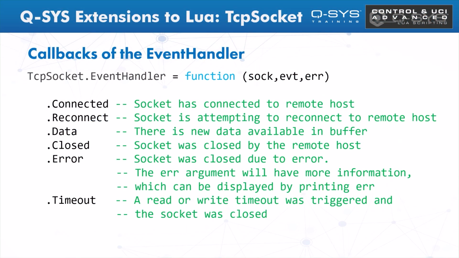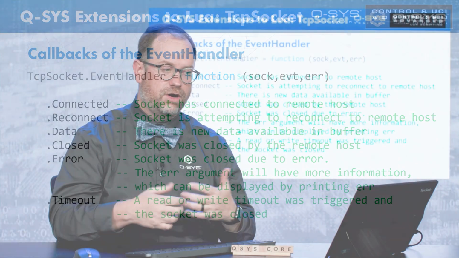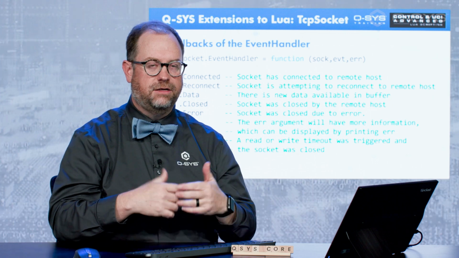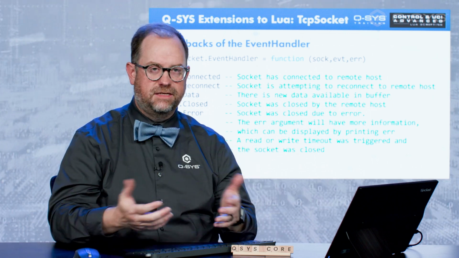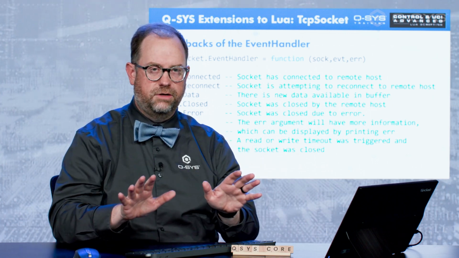When the server talks to me, that's going to show up as data in my buffer. If the far end hangs up on me, then I will receive the dot closed event. If there's an error, we get an event. If there's a timeout, we get an event. This is typical of what's going on.